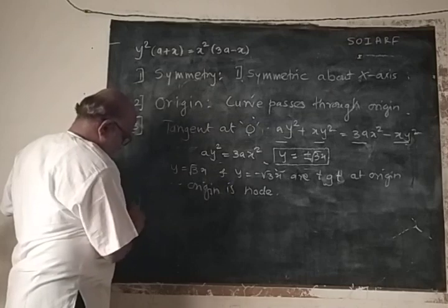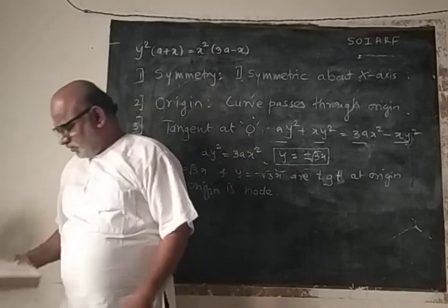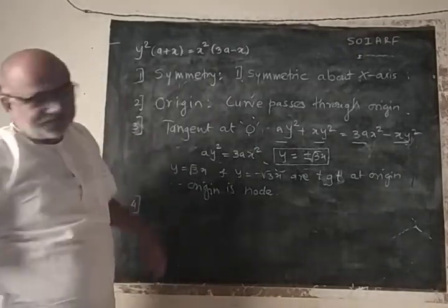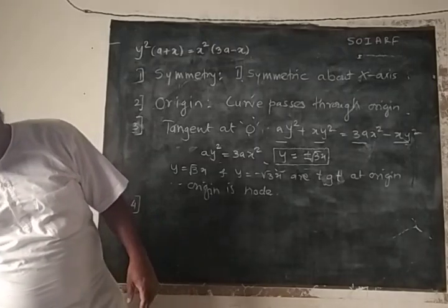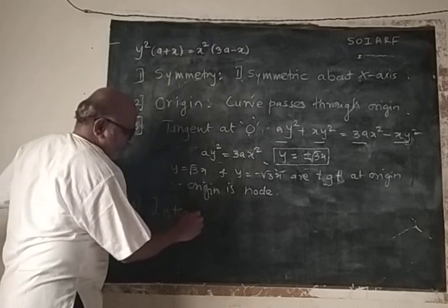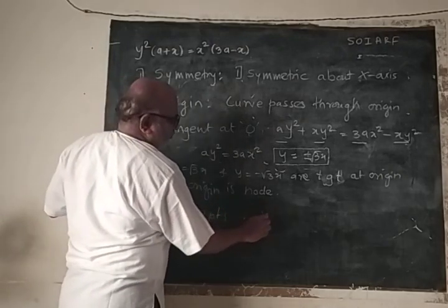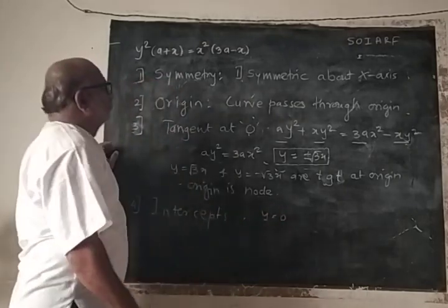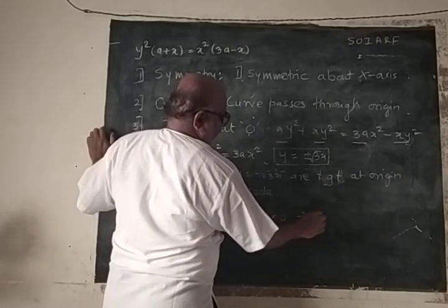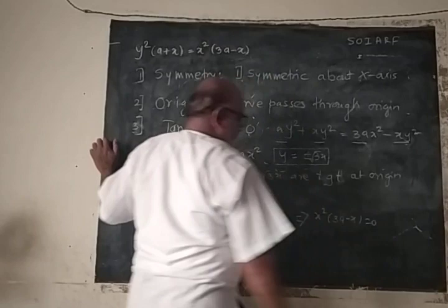Fourth point is whether the curve has x-intercept and y-intercept. Substitute for the intercepts. First thing is substitute y equal to 0. That implies x square into bracket 3a minus x equal to 0.